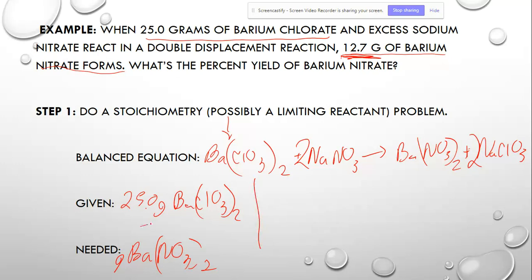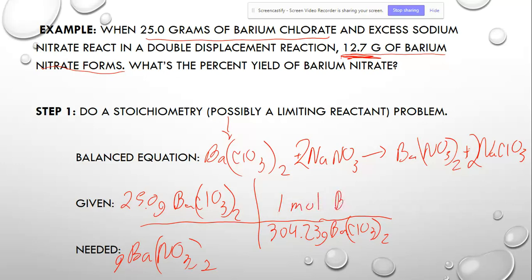So we go to the periodic table and determine the mass of barium chlorate. We're going to find that barium chlorate weighs 304.23 grams per 1 mole of barium chlorate.